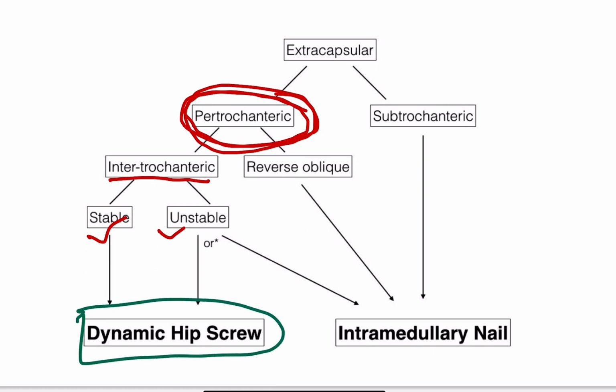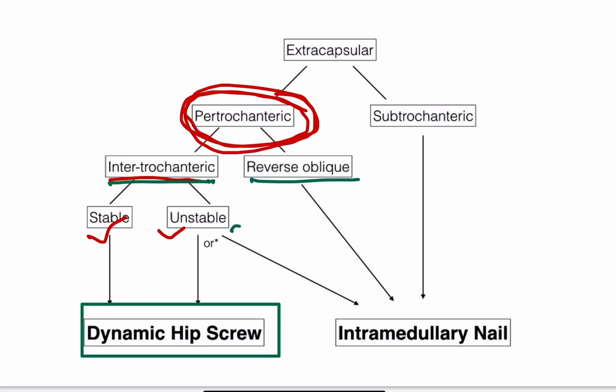It can be done in intertrochanteric fracture. On the other hand, if the fracture is reverse oblique and severely unstable, an intramedullary nail is inserted. So most peritrochanteric fractures are fixed by the dynamic hip screw.